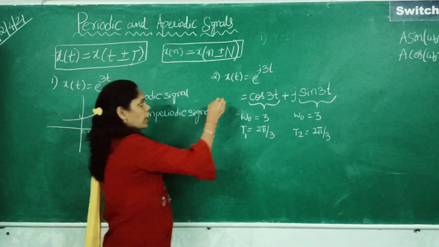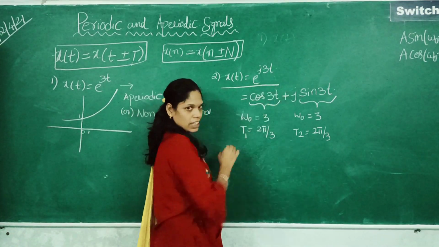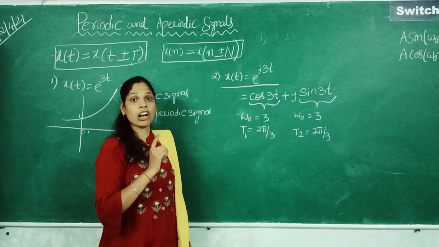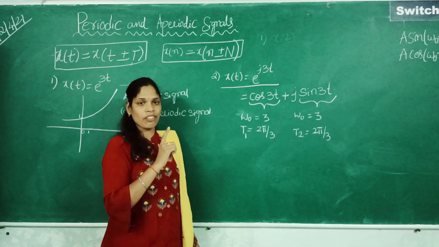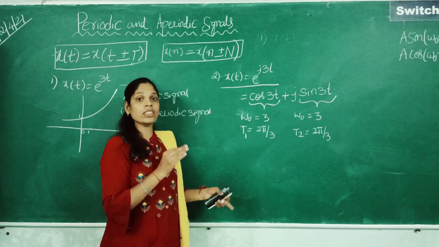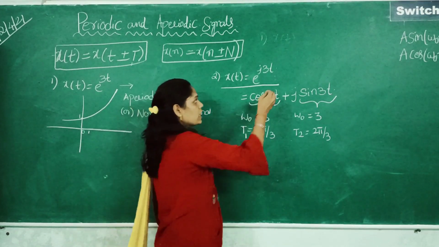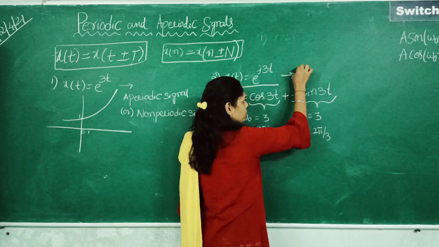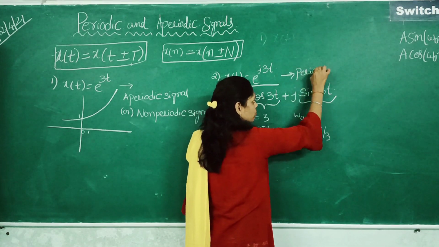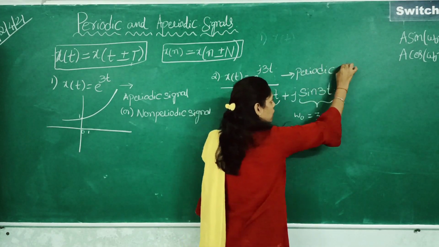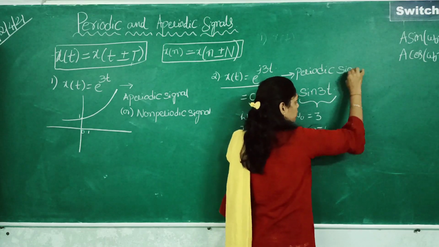If we go for x of t equal to e power j3t, e power j3t is nothing but a complex exponential. If it is a complex exponential, we can express it in terms of the cos term as well as the sin term. So then that signal is nothing but a periodic signal.